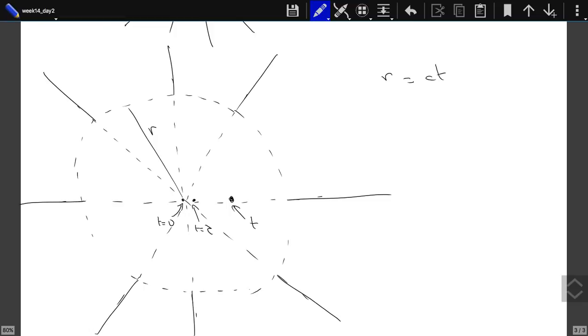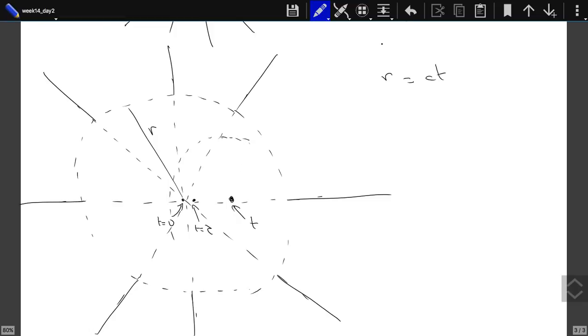We don't know what happens when it's accelerated, but we know what happens when it is moving at constant velocity. So it has been moving at constant velocity between the time t equal to tau and t. So within this time interval, the electric field lines are radially outward.